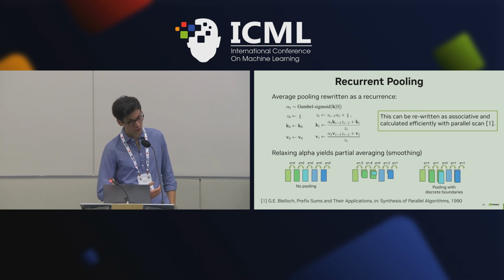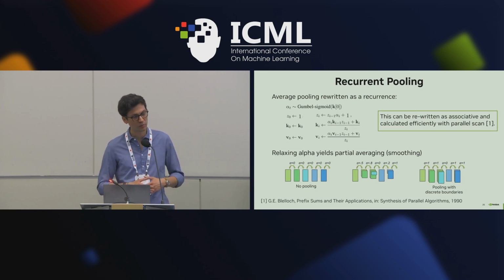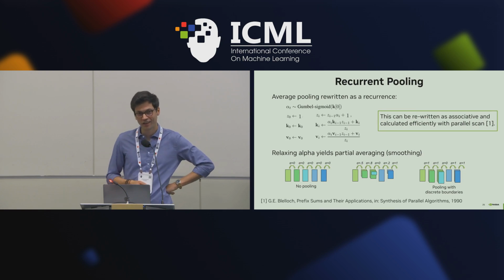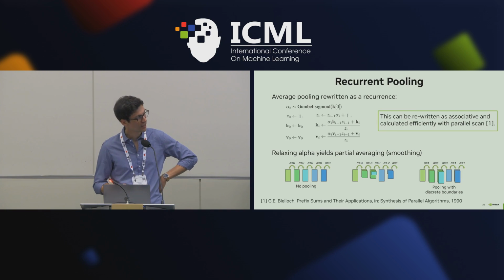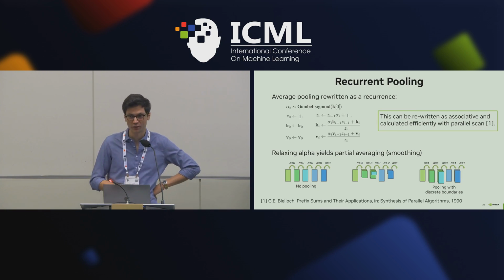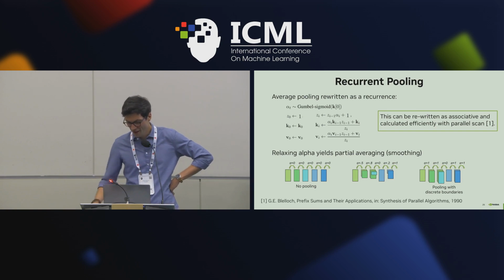Also, during training, we can relax alphas and allow them to be fractions between 0 and 1. Why would we do it? We would do it because we would like to have nice gradients and we would like to optimize a smooth function. And this is very smooth and very nice to optimize, just believe me.